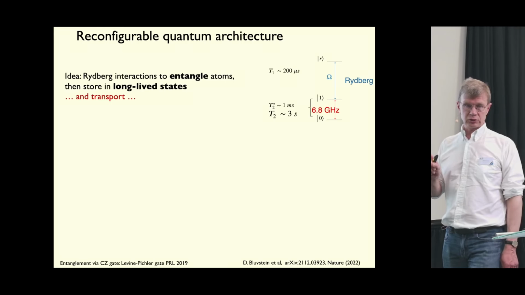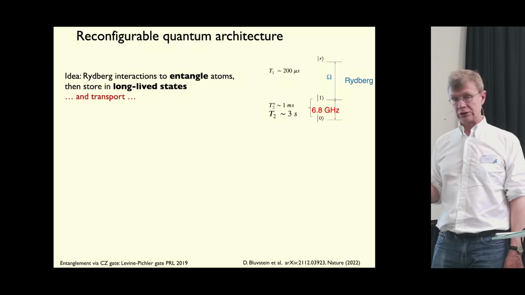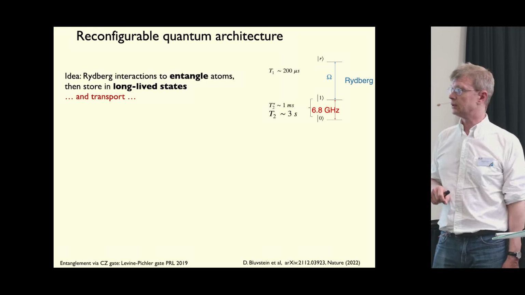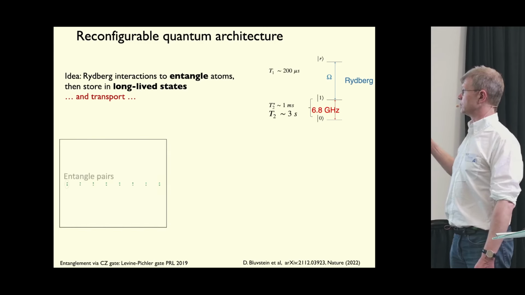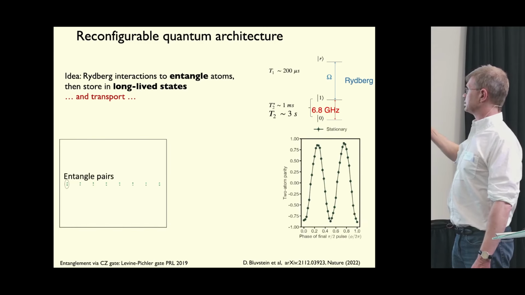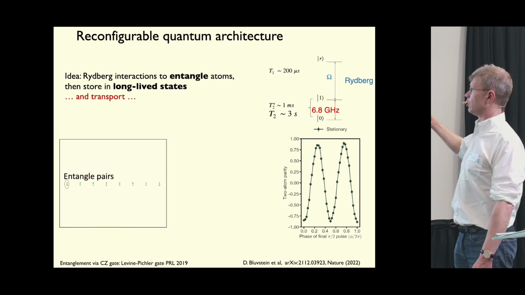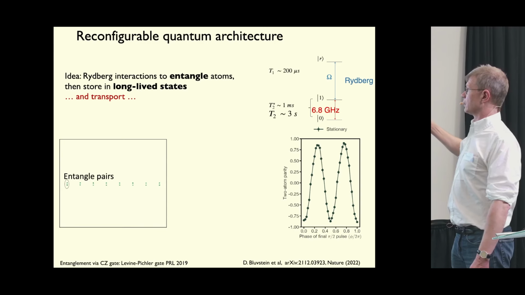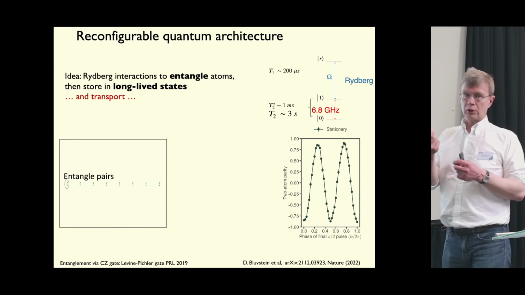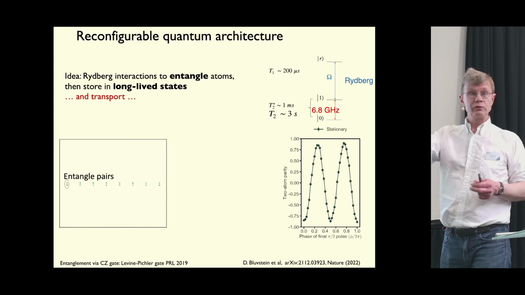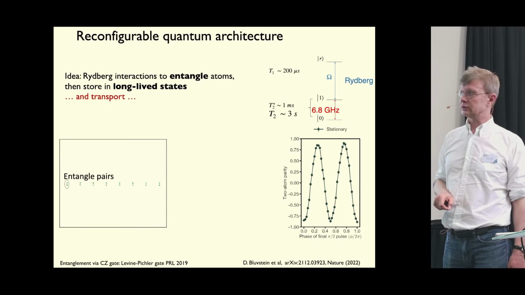There is another idea, which I will talk about tomorrow, and which I think was also very important: reconfigurable architecture. You can store a qubit in a tweezer for a long time, but you can also move the tweezer around without destroying coherence.